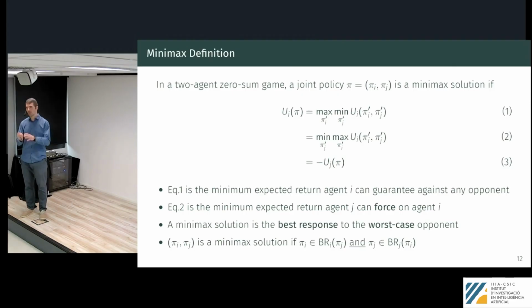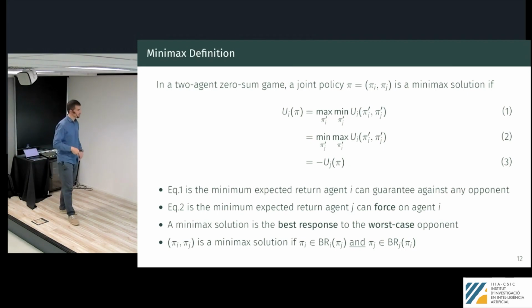And of course, if you're playing badly, then I can get more. But if you play super hardcore and you're trying to destroy me, I can still theoretically guarantee that you will never be able to push me down below this guarantee. That's a really interesting idea, right? This holds for both players at the same time. And so lastly, this joint policy is a Minimax solution if every agent's policy is the best response against the other agent's policy.